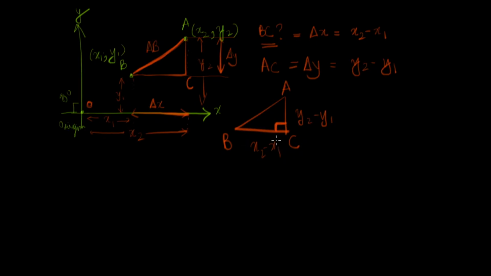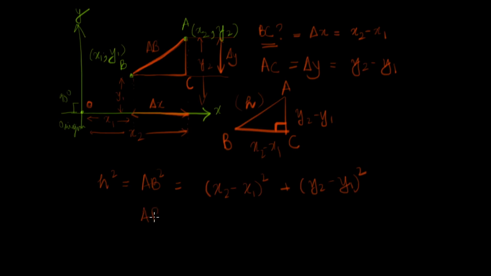By the Pythagoras theorem, the hypotenuse, which is h, which is AB, is related by this relation to the perpendicular and the base. So the hypotenuse squared, or AB squared, equals this distance squared plus this distance squared, perpendicular squared plus base squared. So AB squared is x2 minus x1 squared plus y2 minus y1 squared.